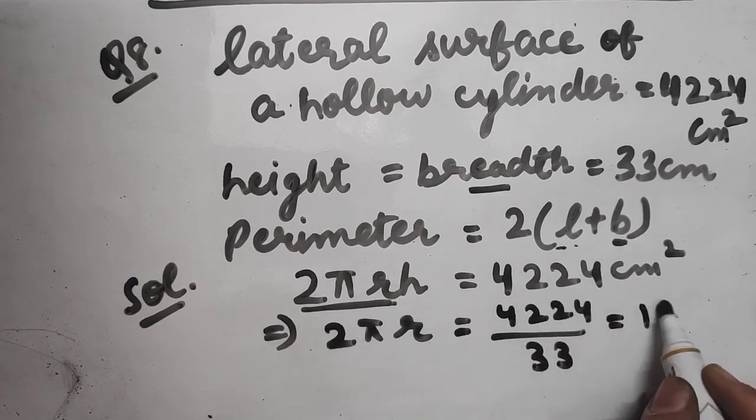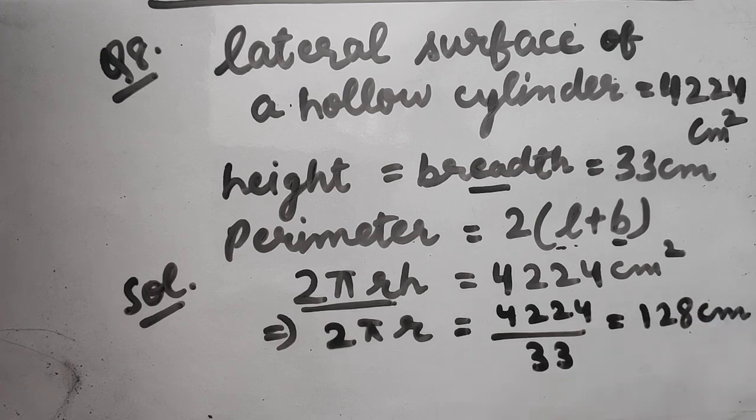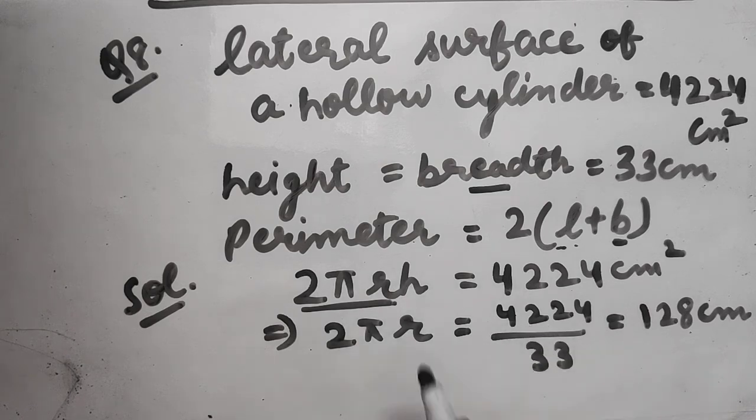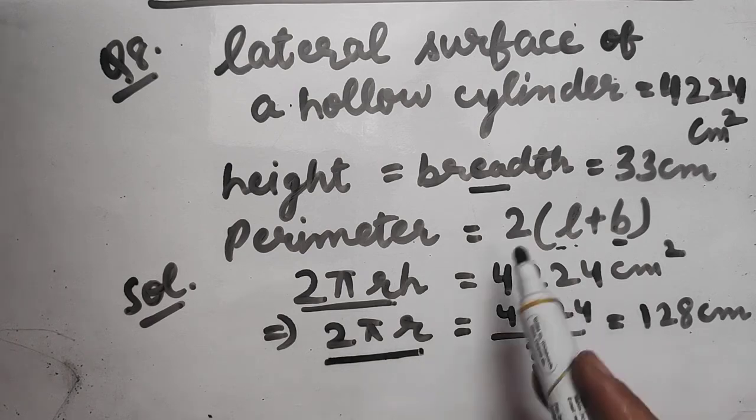So you will get 128 centimeters. Now this is the circumference of the circular ends, because when we make a cylinder out of the rectangular sheet, this 2 pi r, the circumference of the circular end, is equal to the length.